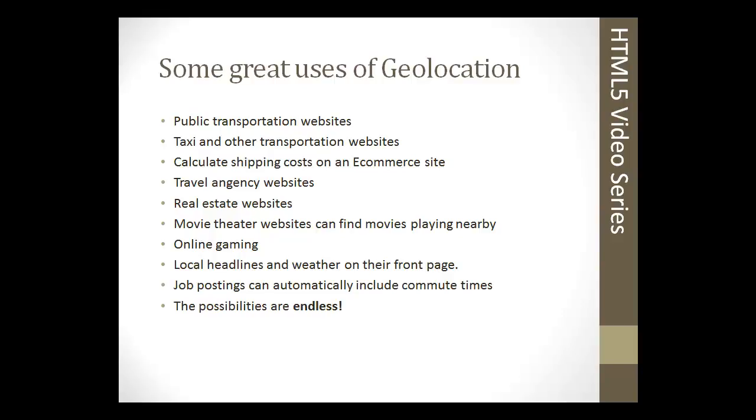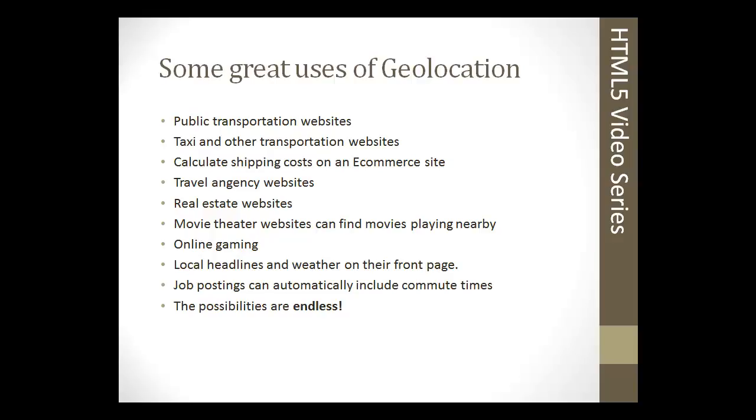It's used a lot for calculating shipping costs on shopping carts, e-commerce websites. Travel agencies, obviously, as well as real estate websites would obviously benefit from this, looking up listings, houses around your location. Movie theater websites, which I love and I use all the time, to find out listings of movies in your area, of theaters in your area.